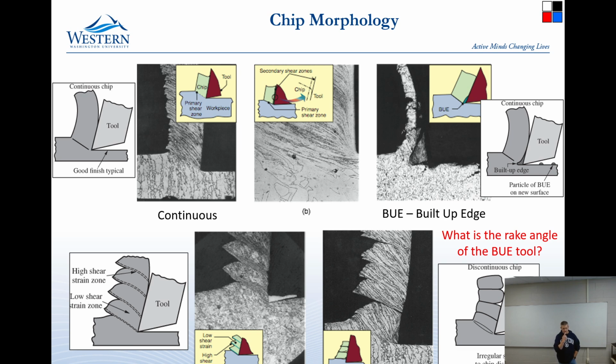All right, questions? Yes? What's the difference between segments and discontinuous? So the difference is this, it is hard to tell. I will give you that. The difference is this. The fact that they are not fully welded together as one chip.